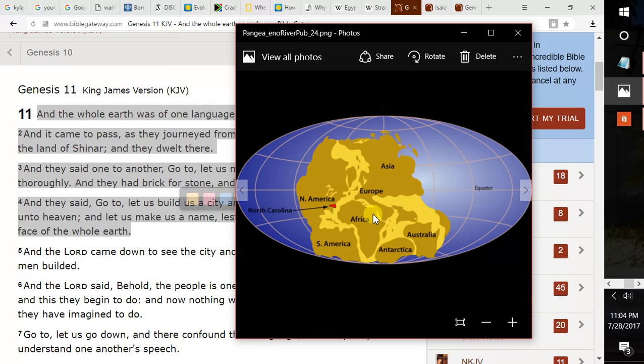Okay, so now what happens is this: if you're building a tower unto heaven, and the whole earth, everybody in this has only one job. That means making sure that the construction of this tower reaches heaven. So you're going to have people divided or trained to grow the food to feed the community.